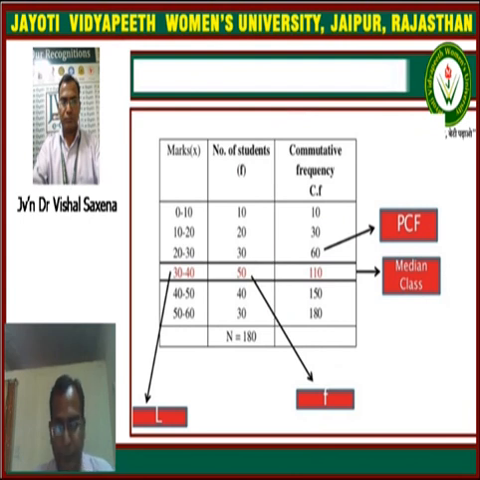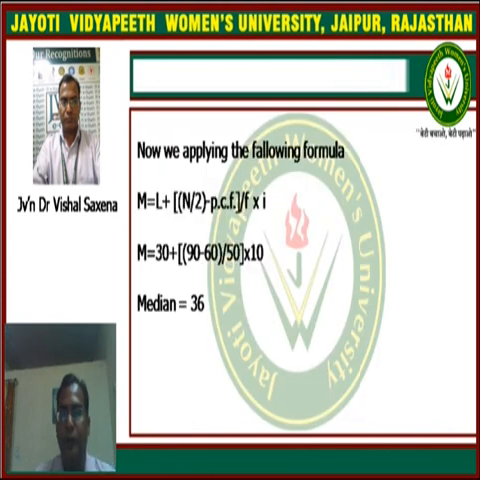Now we see this table. First of all we will understand the values and notations here. Because 30 to 40 is the median class interval, 50 is the frequency, and 30 is L, the lower limit of the median class interval. 60 is the preceding class cumulative frequency, or previous cumulative frequency.